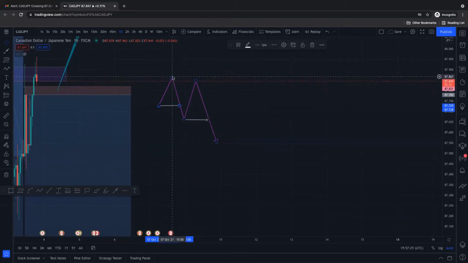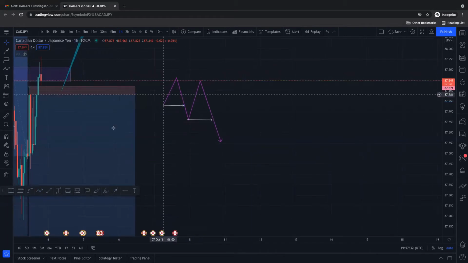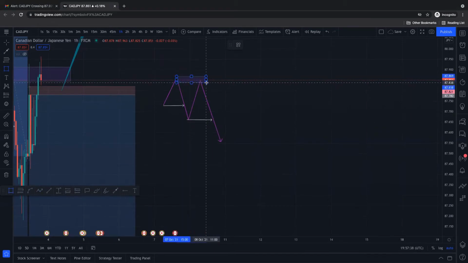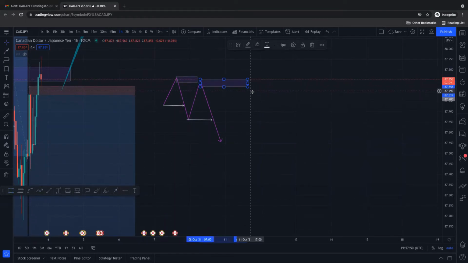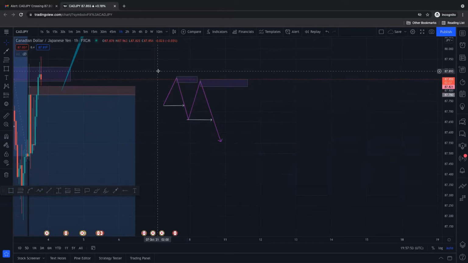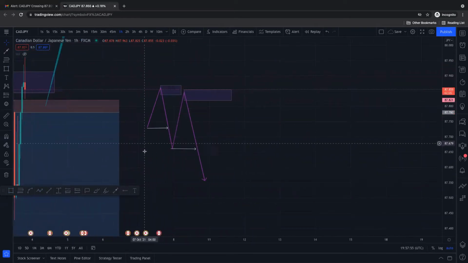This is a really optimistic scenario. When the first break and the second break happen, this order block should get mitigated, and then you can take entry from this order block, which is safer. In a nutshell, this is what we want to see in our entry criteria.